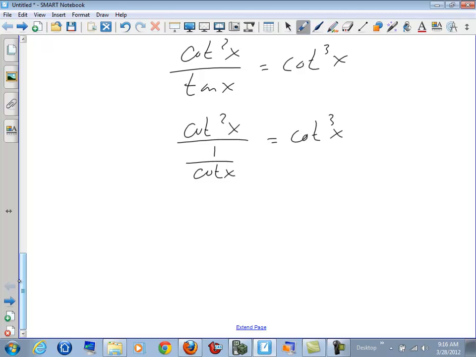Okay, so I can make that substitution. And then I have cotangent squared divided by a fraction, which is the same as cotangent squared times the reciprocal of that denominator fraction. And the left-hand side now is cotangent cubed.